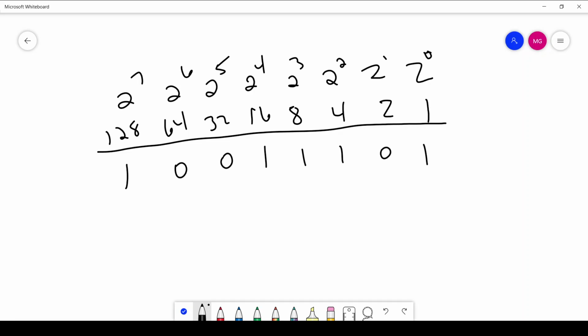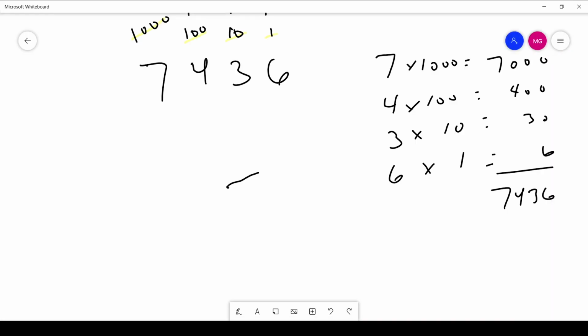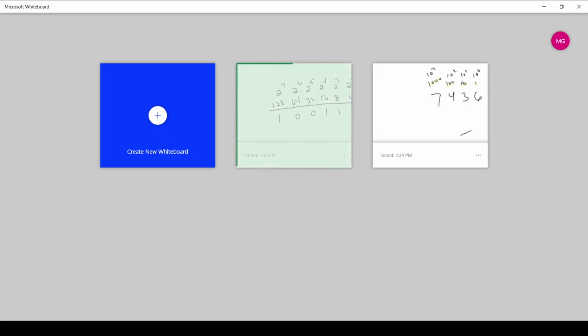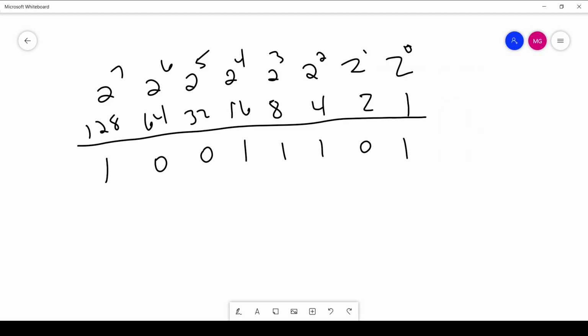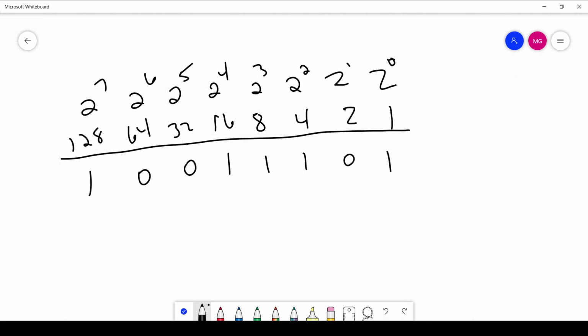So if we do this just like we did the base 10 over on this screen, remember we had 7 in the 1,000 spot, so we took 7 times 1,000 equals 7,000, right? Let's go back over here. Now, we don't have to do the multiplication here because we can only have a 1 or 0. So we have a 1 in the 128 spot. So 1 times 128 is 128. So we can kind of skip the multiplying part because we can multiply by 1 in our head.